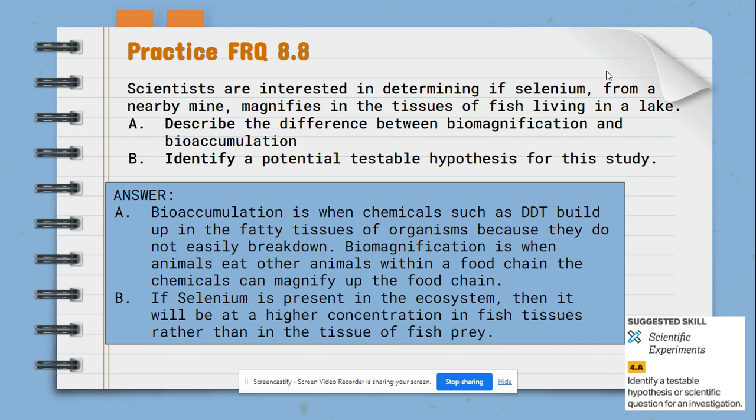A testable hypothesis in this case could state if selenium is present in the ecosystem, then it will be at higher concentrations in fish tissues rather than in the tissue of fish prey. Because recall, pollutants like selenium, DDT, PCBs, and PFAS all have the potential to accumulate and magnify at higher trophic levels than they do at lower trophic levels.